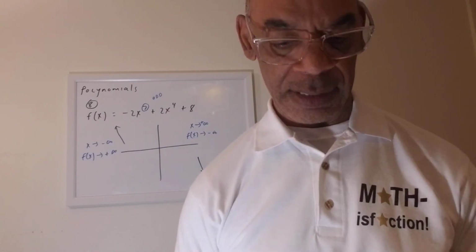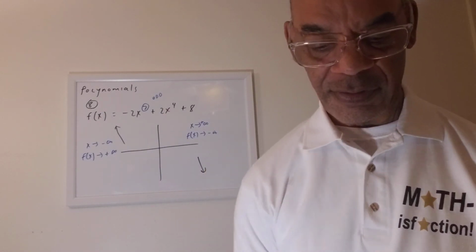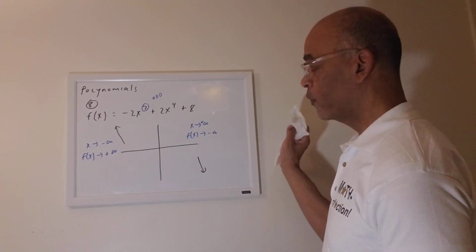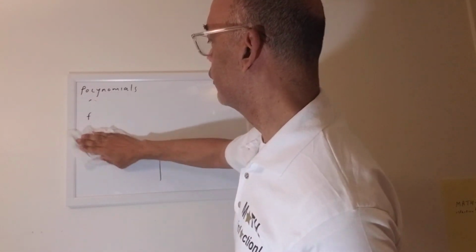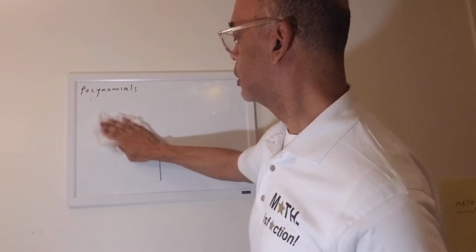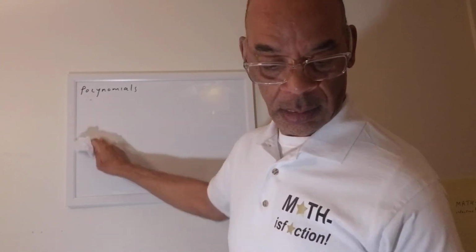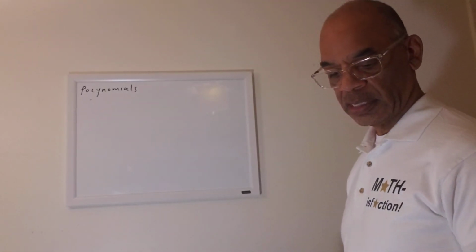Number 9. This is going to be divide with long division: 4x cubed minus x squared plus 1 divided by x squared minus 6x plus 1.